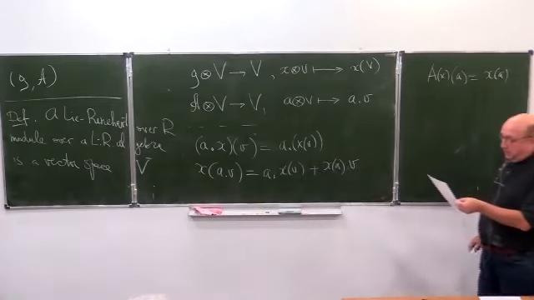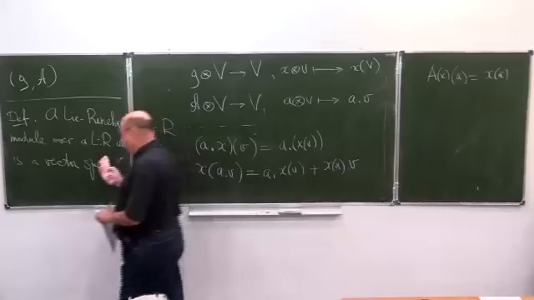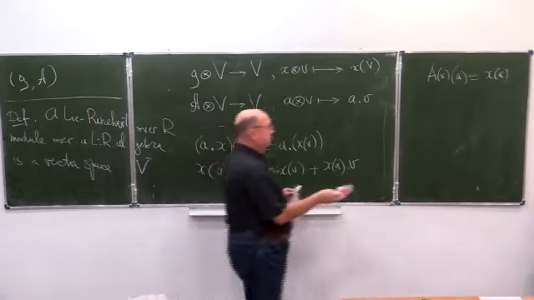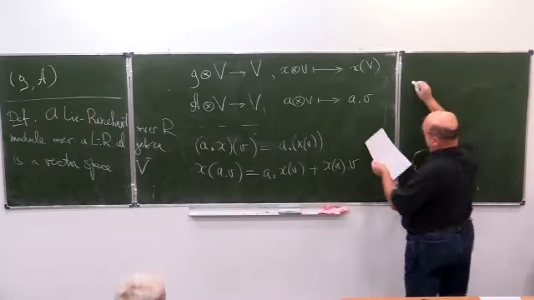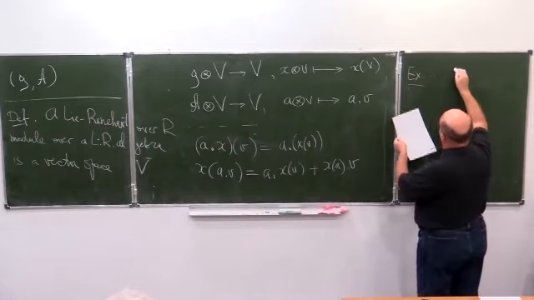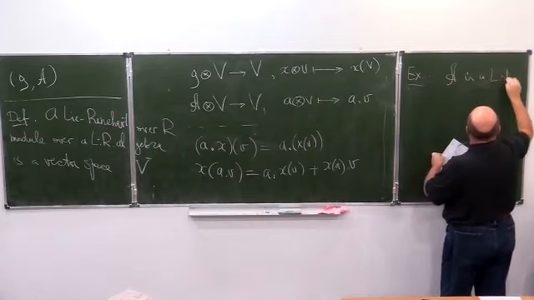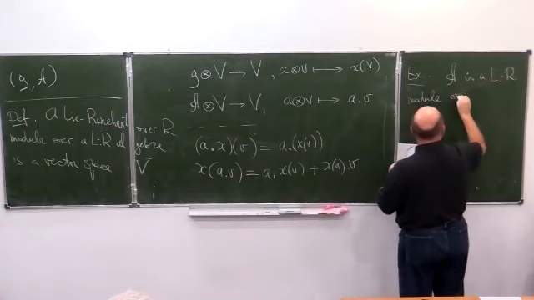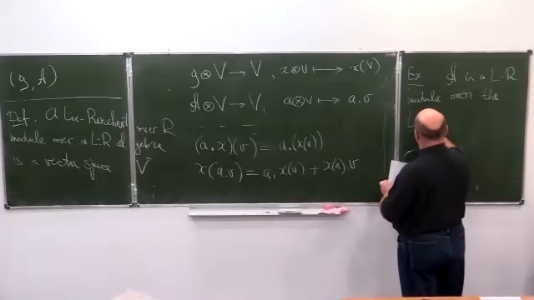One module for each Lie-Rinehart algebra, namely the commutative algebra A itself, is applied in the natural way. So, example: A itself is a Lie-Rinehart module over the Lie-Rinehart algebra.